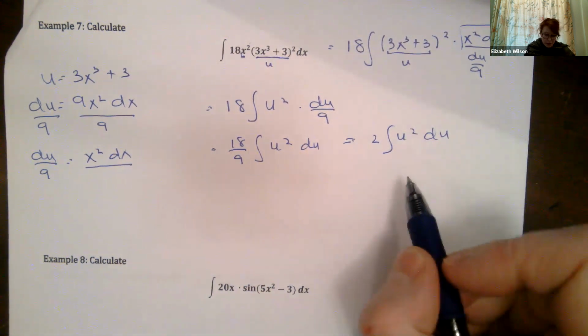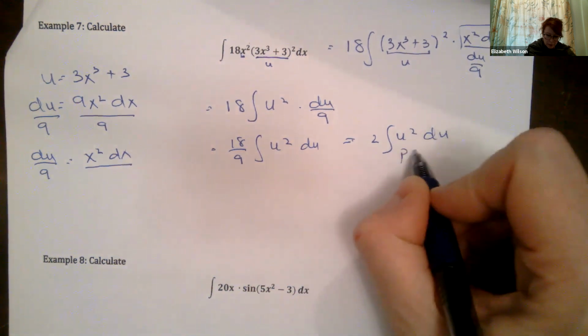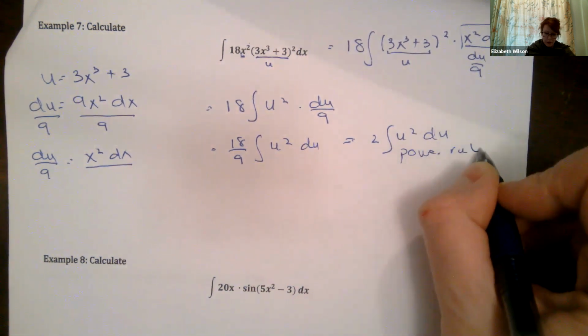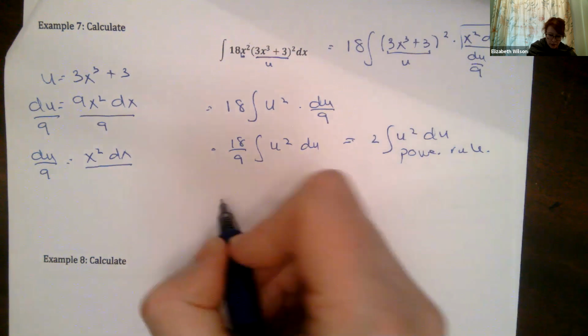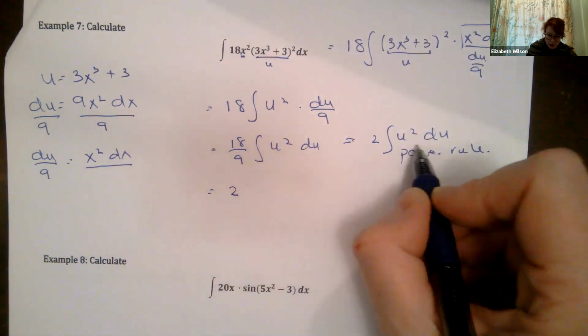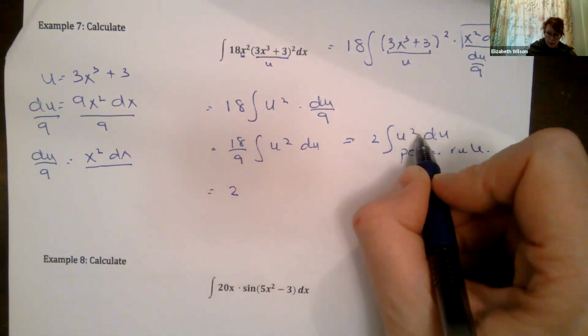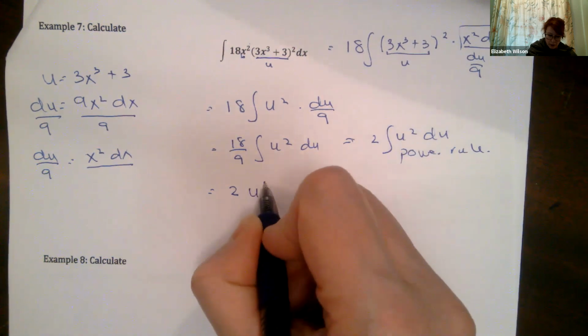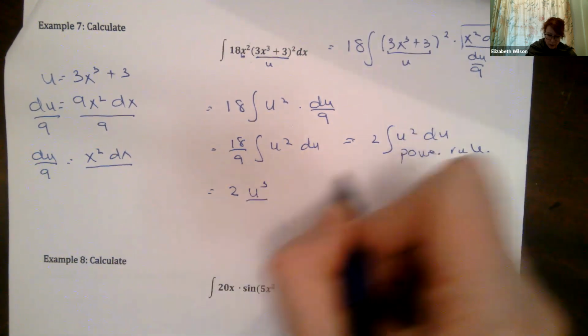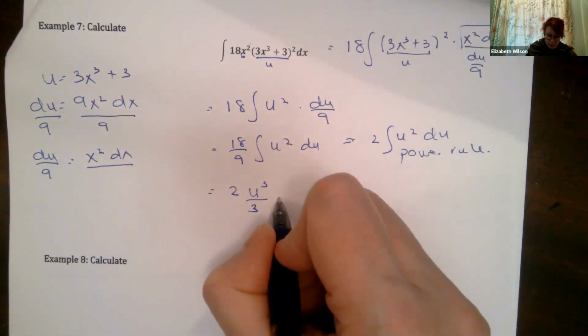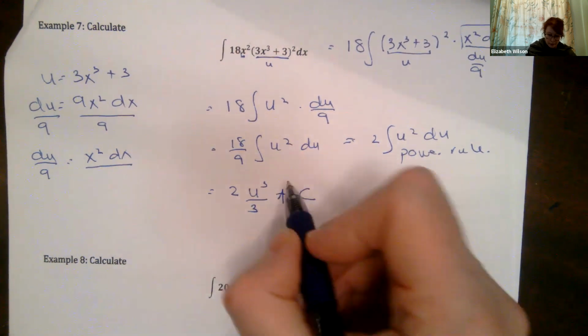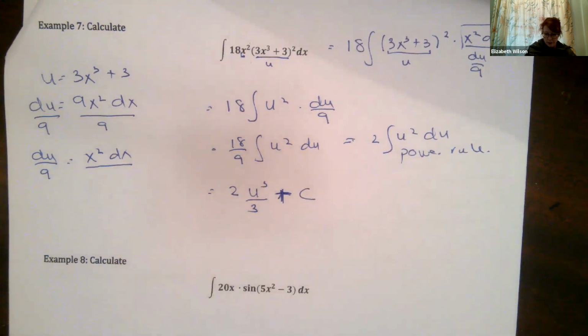Okay, so now this is just the power rule. So we're going to be able to integrate it as we go. So 2, I'm going to increase this power by 1. So this becomes u cubed all over my new power, and then plus c. Sorry, that's a plus. Okay, now let's substitute back.